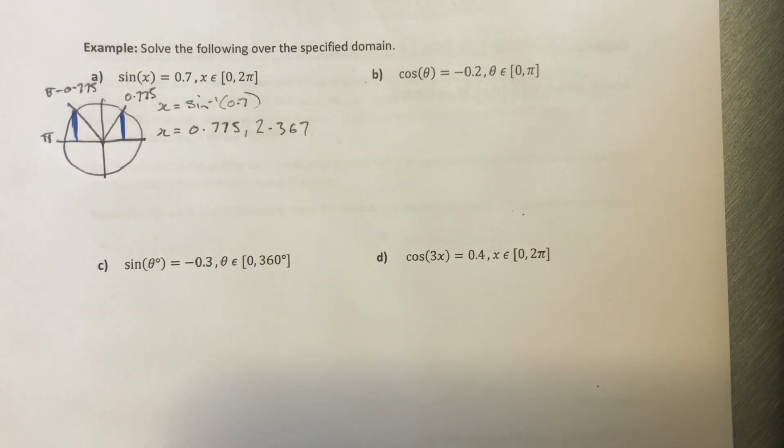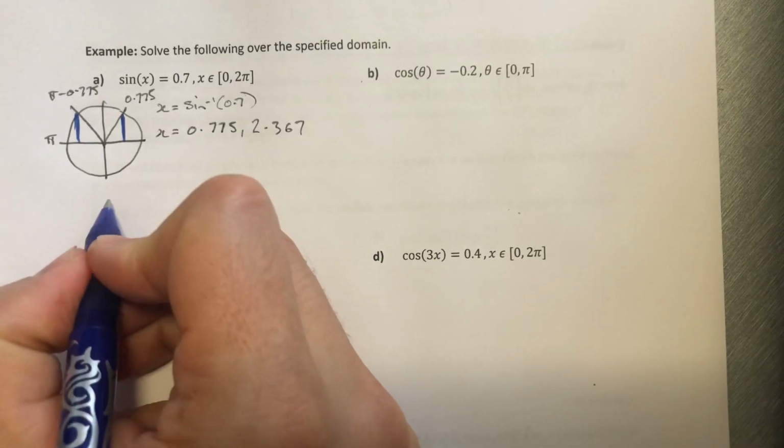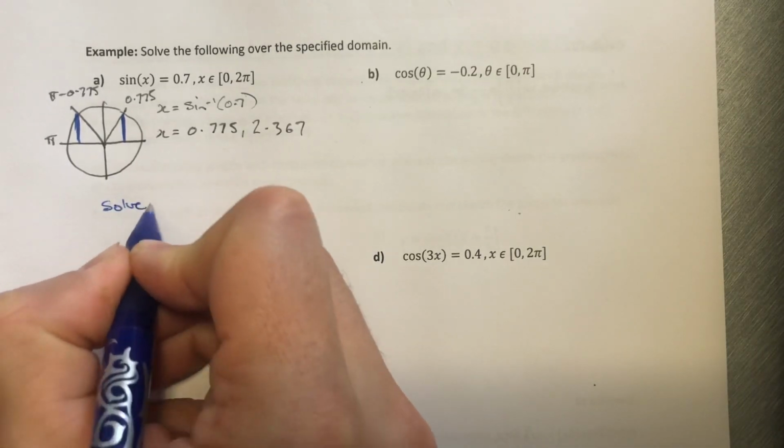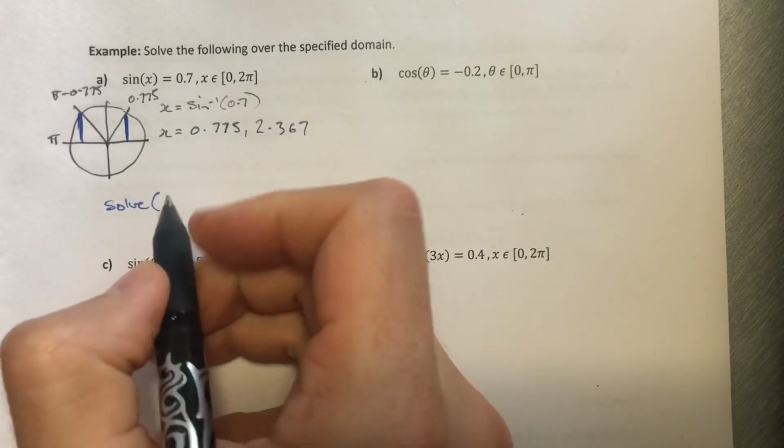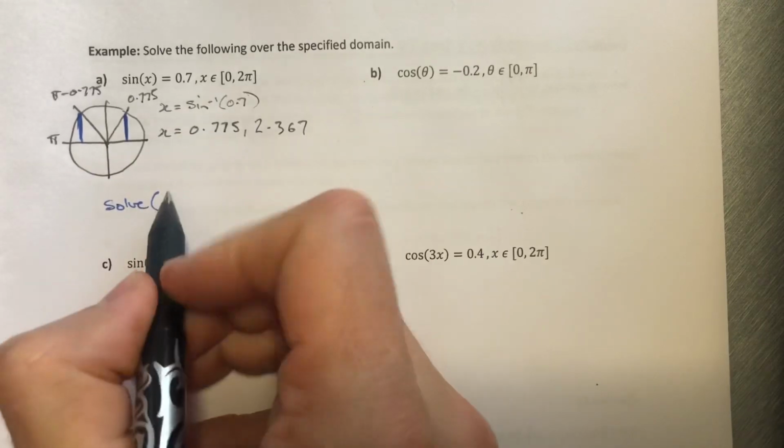Because we are just solving for x, we can just use the solve function in our CAS. So I'll show you how to do this just now. You'd go through the menus and get your solve function. What we want to do now is put in what we've been given.